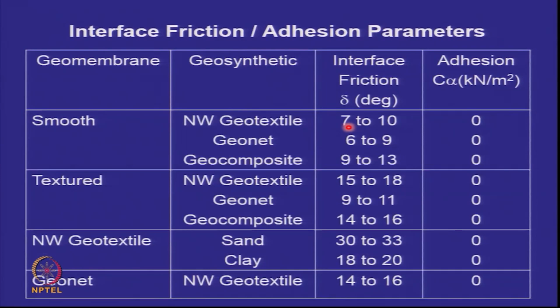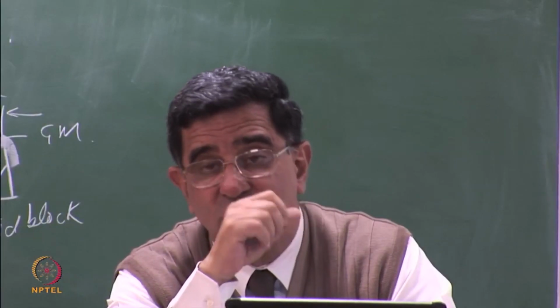But now I introduce a geotextile and it goes to 7 to 10. I don't like it. Therefore, I would like a textured geomembrane with the geotextile, and it goes up to about 15 to 18 degrees. So the geotextile to geomembrane interface can also be critical if you are using a smooth geomembrane.